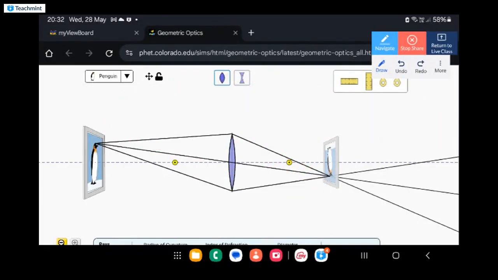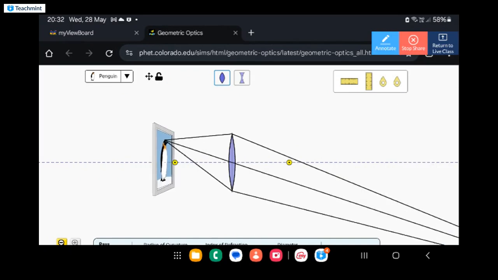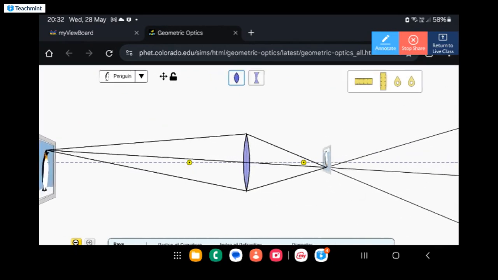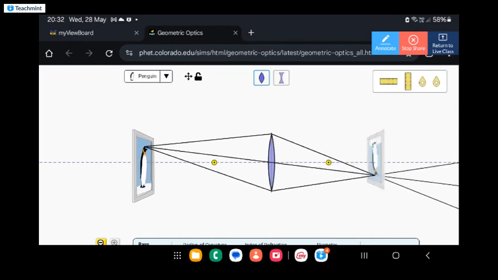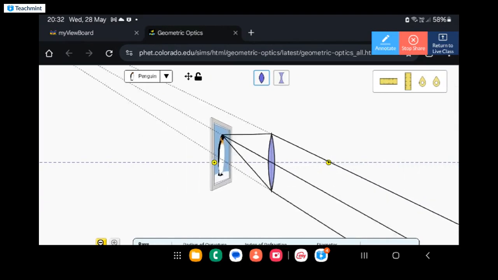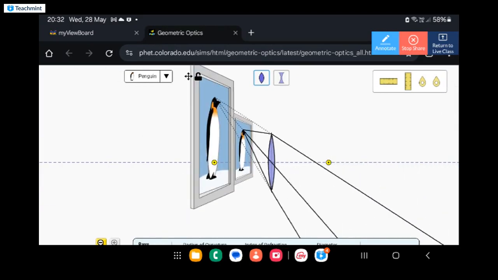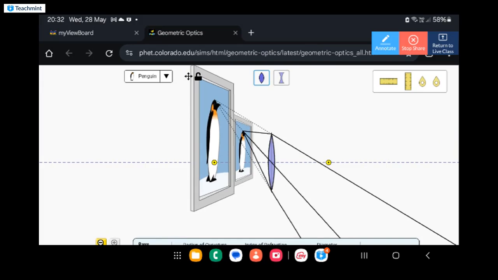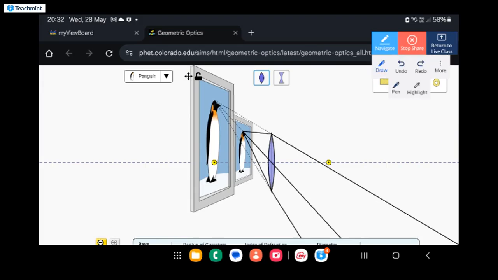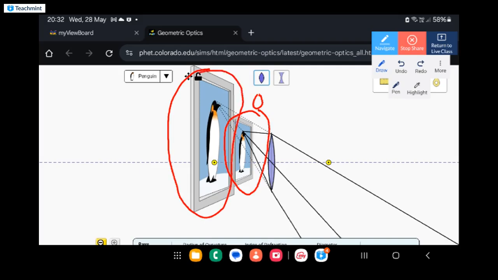And let's say I will just try to shift the image of the penguin. Now you're able to see the image is formed on the right side. Only under this condition, we'll see all those conditions later, just getting the idea. This is your object, O, and this bigger one is the image.